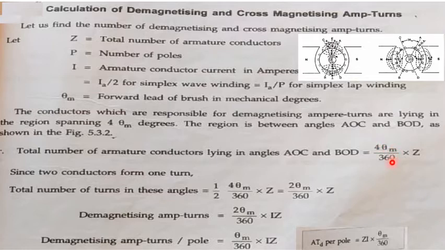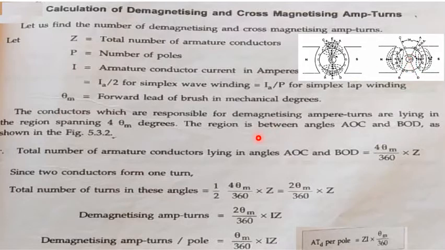So 4 times theta m out of 360, multiplied by the total number of armature conductors, gives the total number of armature conductors lying in angles AOC and BOD.